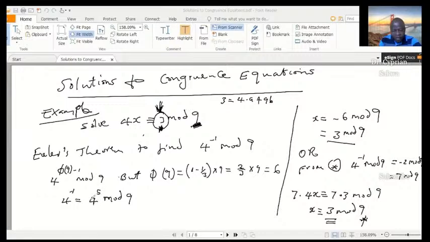Using a calculator, do that, then divide your answer by 9 and write the remainder. When you do that, you find the remainder to be 7. So that means 7 is the inverse of 4.